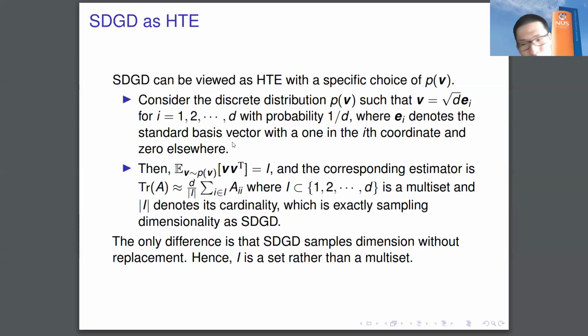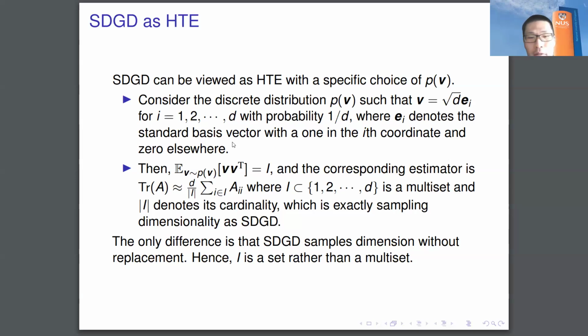One difference is that in SDGD, we sample dimensions without replacement, which means that we sample each dimension at most once. But HTE can sample with replacement, though that is a relatively minor difference. So this is very interesting.